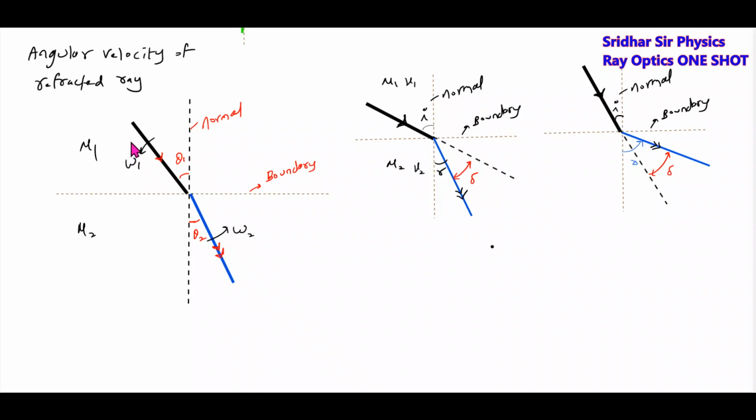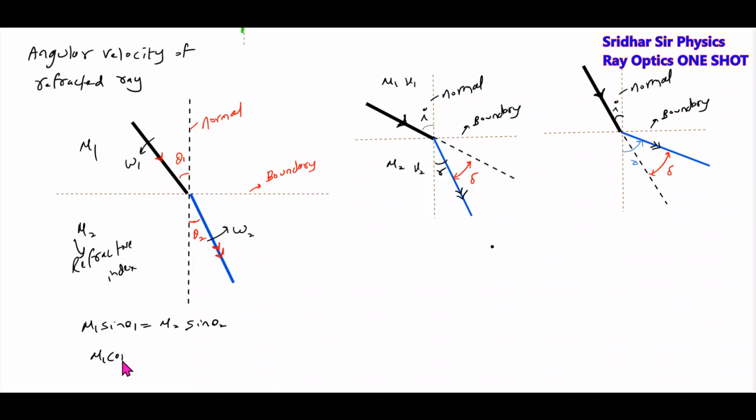Next, if there's an incident ray with angle of incidence theta 1, and the refractive index of the medium is mu1, this is called the refractive index of the medium. So mu1 sin theta 1 equals mu2 sin theta 2. As the incident ray rotates, the angle theta 1 also will vary with time.